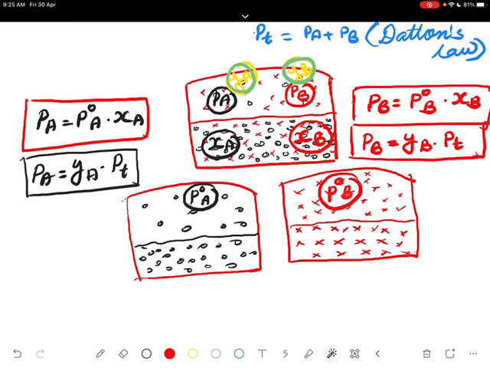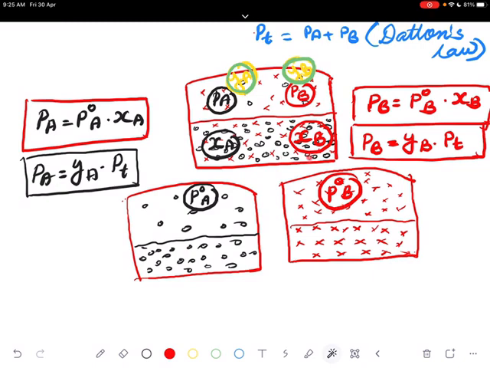What is P naught B? That is the vapor pressure of the pure component B, and this is always considered as highly volatile, meaning its vapor pressure will be higher. Yesterday I told you, suppose we are considering B as highly volatile.